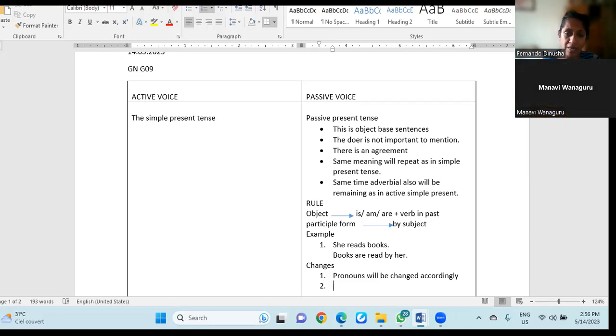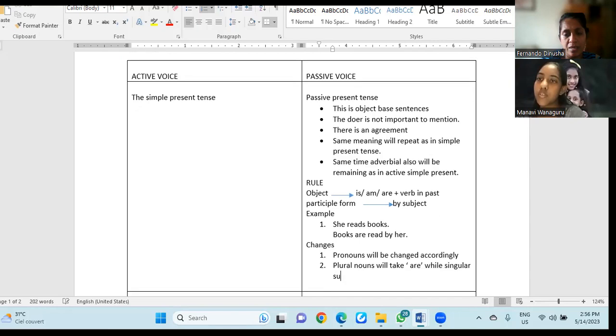Pronouns will change accordingly. And what else can we change? The verb: plural nouns will take are, while a singular subject will take is. Okay.